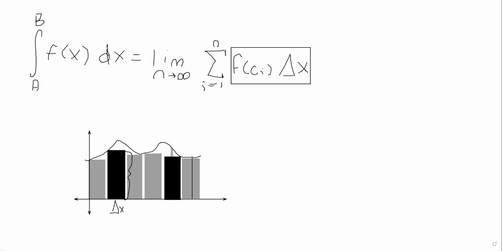So if we pick just a generic point, let's pick this point to be c sub I. So if this point is c sub I, then this right here would be f of c sub I. The point would be c sub I comma f of c sub I. So we're doing delta x times f of c sub I. This is just the area of one rectangle.